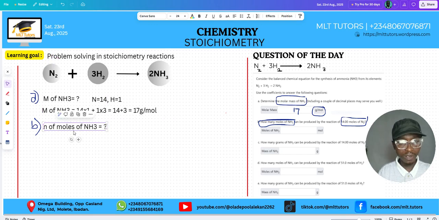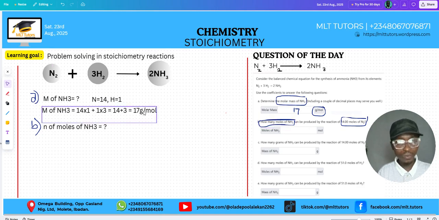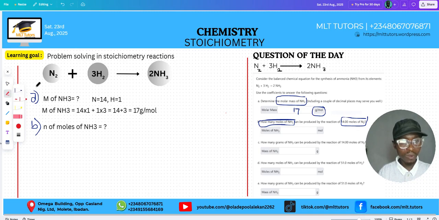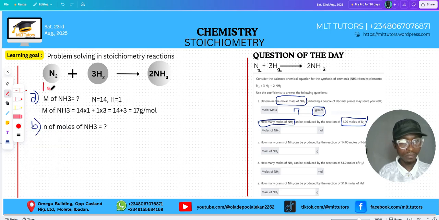So how do we now get the number of moles of ammonia? In order to get that, we need the reacting moles. According to the equation, let me use the red pen, we have 1 mole of nitrogen gas liberating, or producing, 2 moles of ammonia gas.